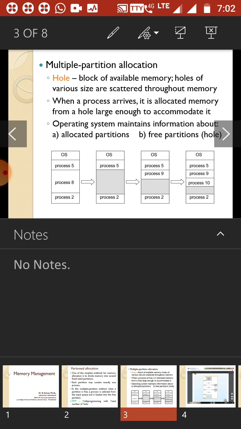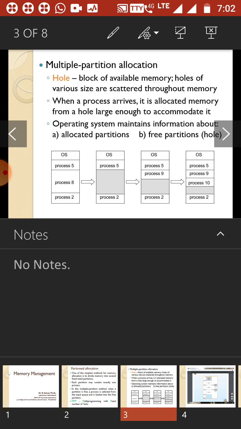So just to revise, the user memory area is divided into many partitions, and the operating system maintains a list of which partitions are free and which are allocated to which user program.